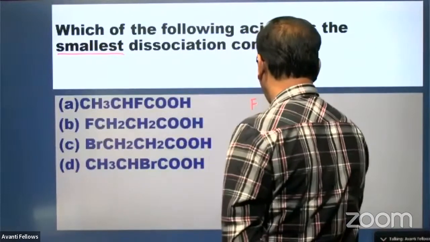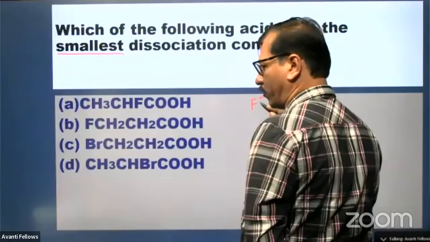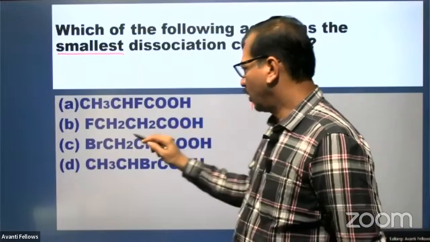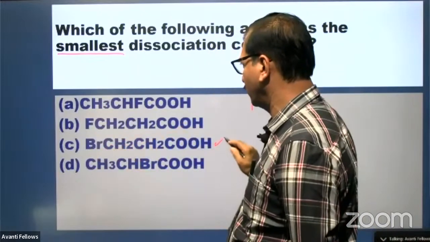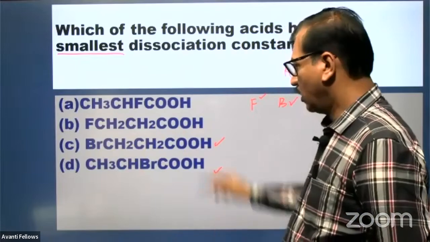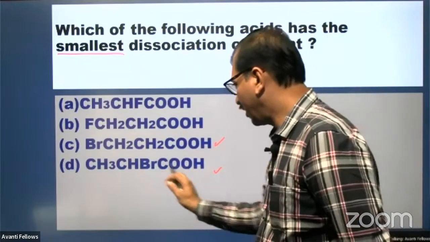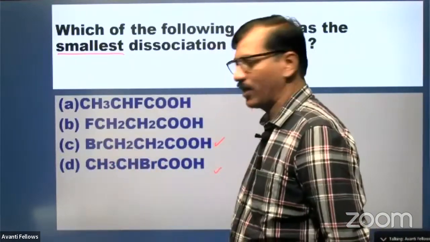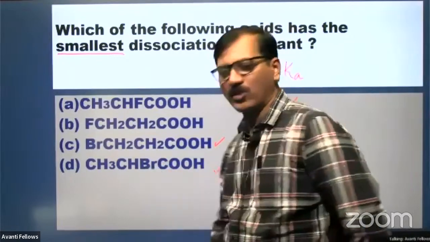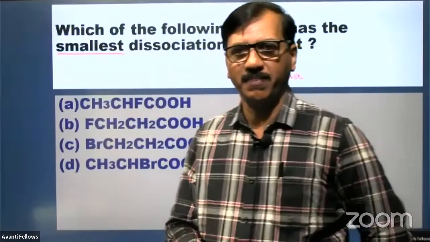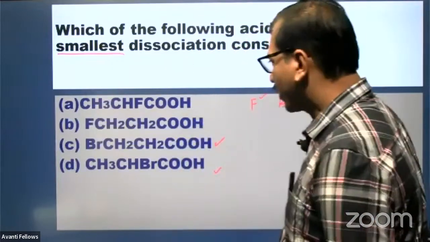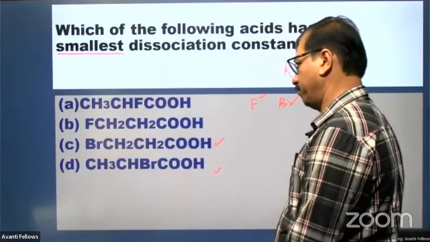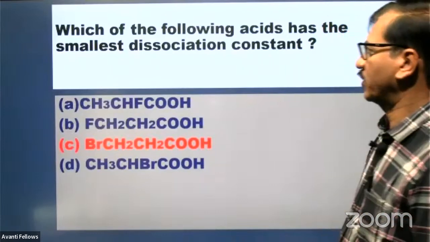Out of fluorine and bromine, fluorine is more electronegative, bromine is less. Because of this, you should choose either this or this. Now, out of these two, bromine is nearer to COOH in one compound, and in the other, bromine is away from COOH. The one which is nearer gives an added electron withdrawing effect. But if it is more, the electron withdrawing becomes smaller. So C is the correct option.